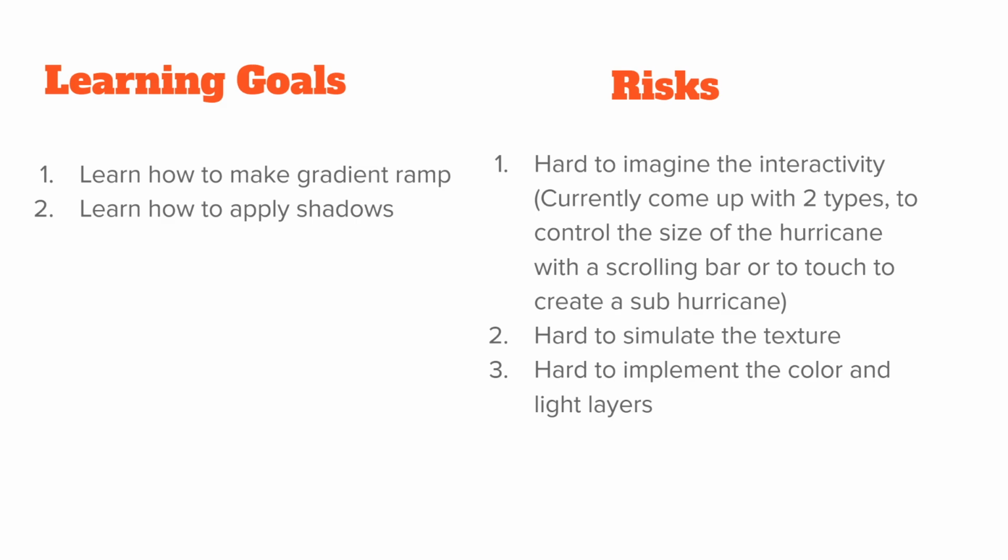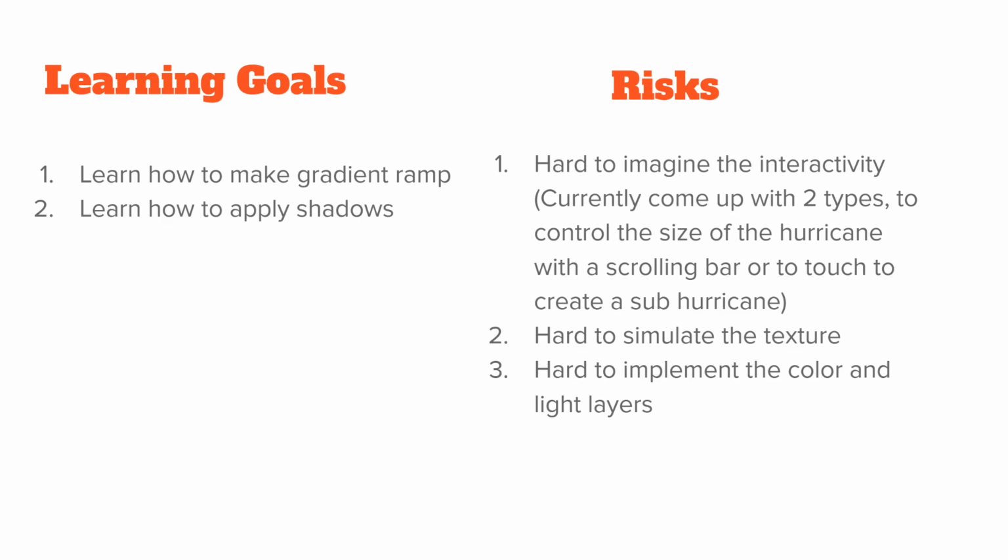I also want to learn how to use shadows and transparency, which can really help with building such a hurricane. However, these are things I am not good at, because I'm not good at controlling colors, whether in p5 or other tools. That is the reason why I think I need to learn this.